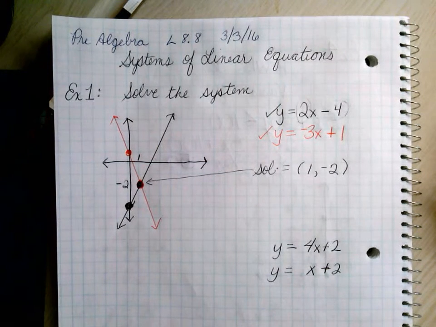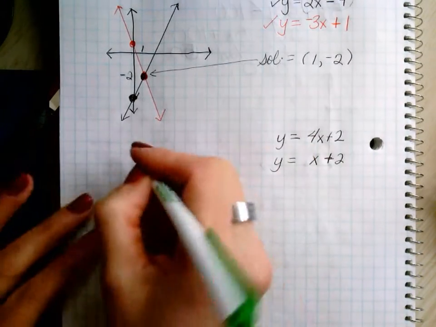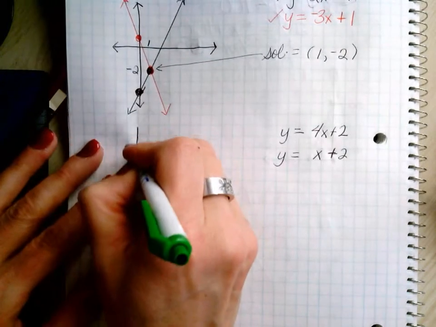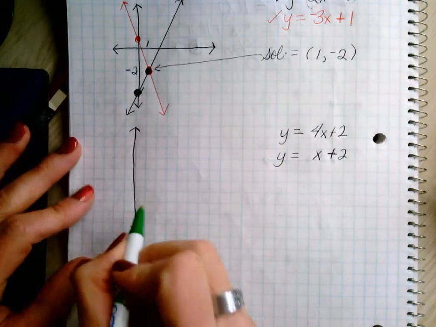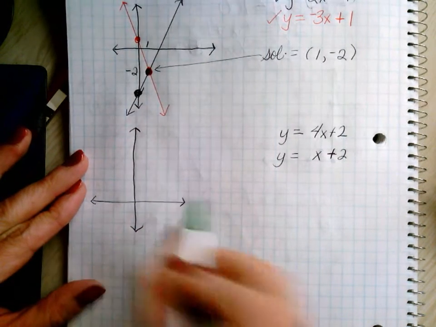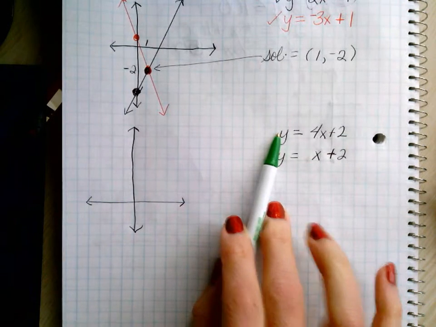All right. We're going to graph our first one. And I can't seem to draw a straight line. What's the y-intercept for the first equation? 2.